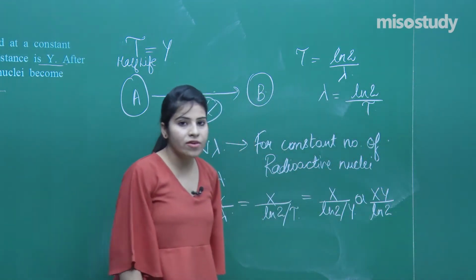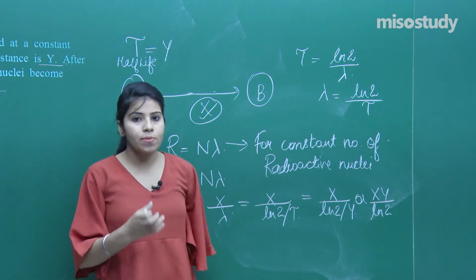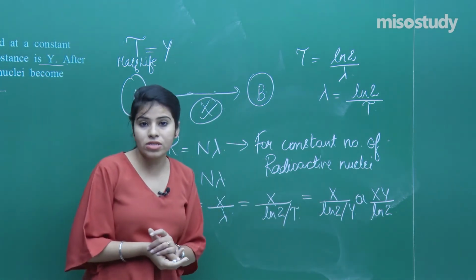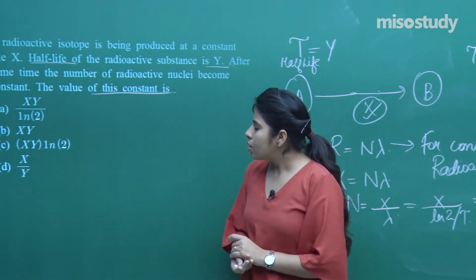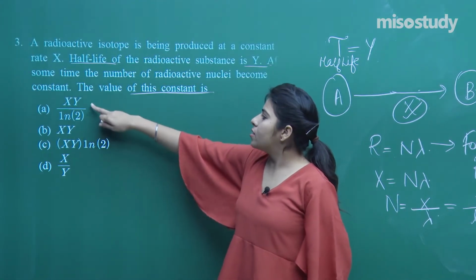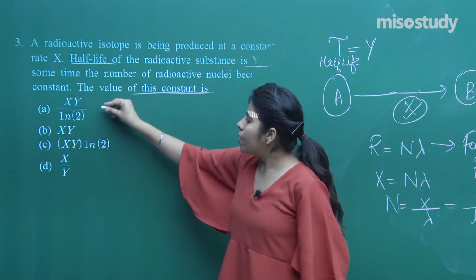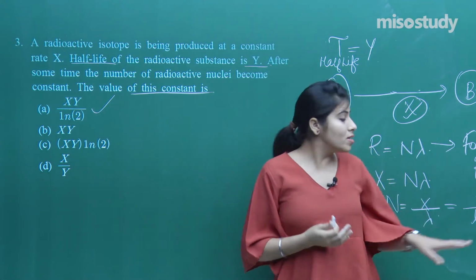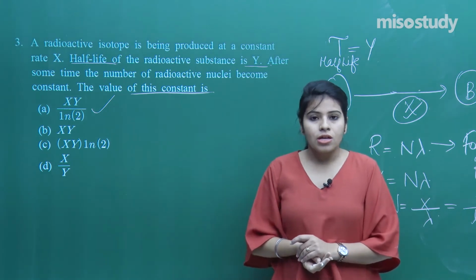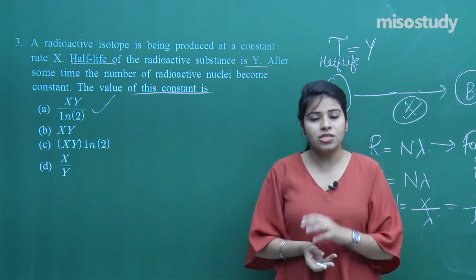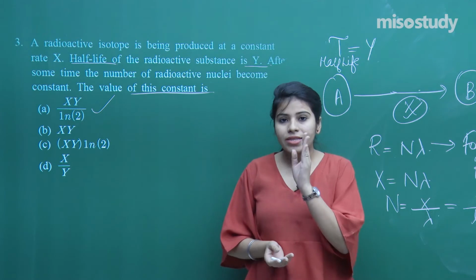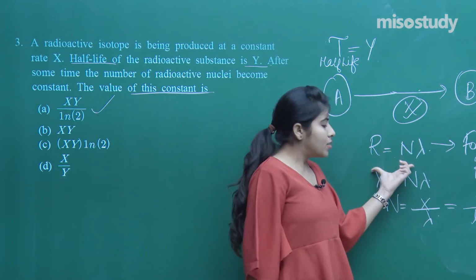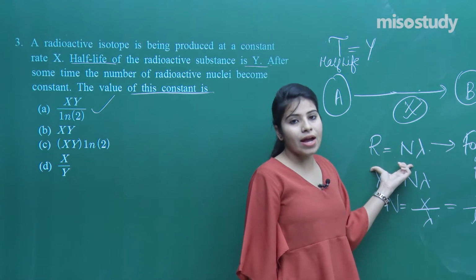Now let me verify whether there is any option which has xy upon log 2 as the constant. So yeah, I can see that in option A, we have xy upon log 2 as the answer that we have gained here. So again, this question was very simple, but the thing you have to focus on is that here we have to start with the activity.